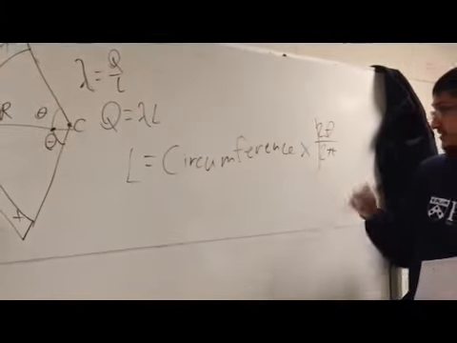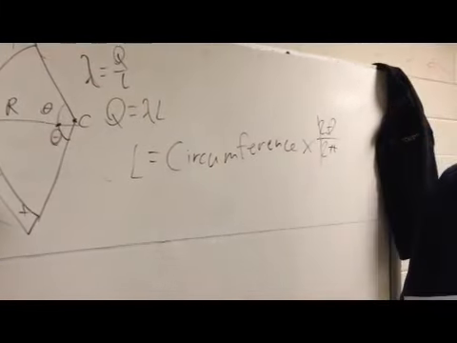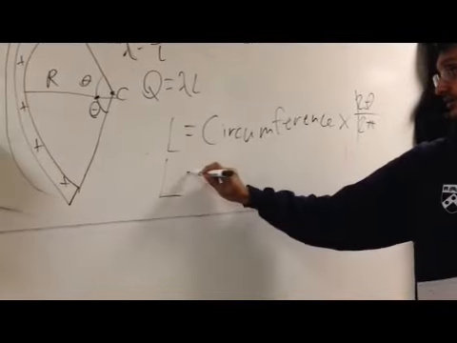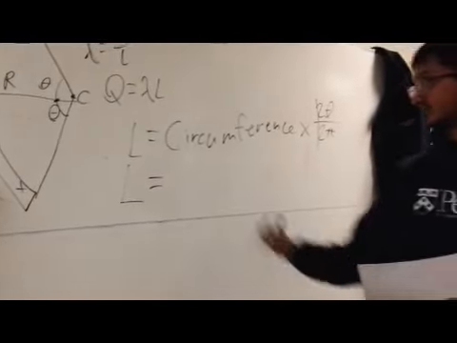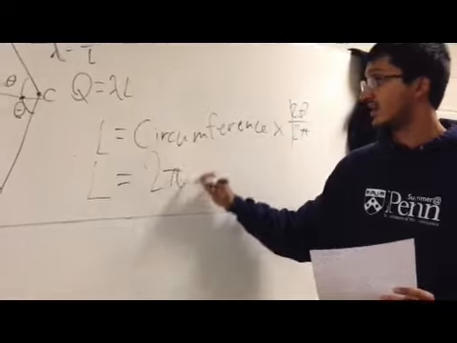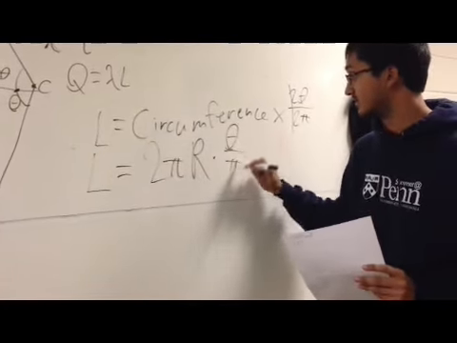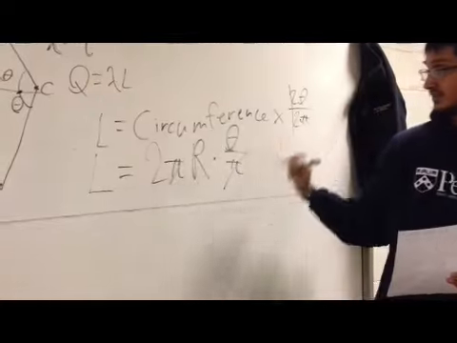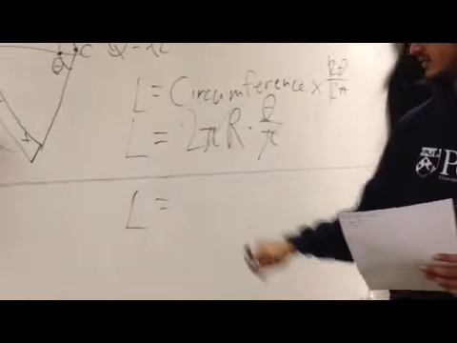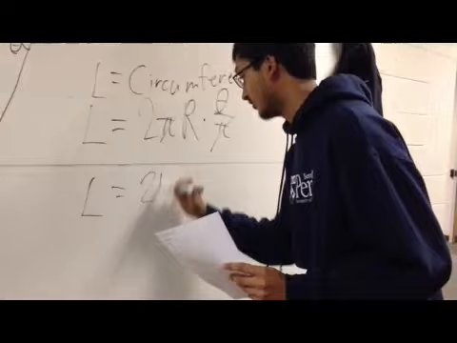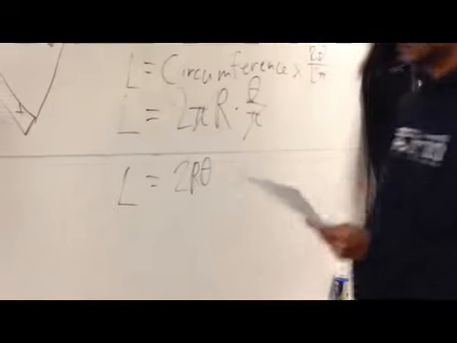So we can cancel out the 2's. The circumference, we know, is 2 pi r, so L is 2 pi capital R times theta over pi. We can cancel out the pi's, and we get 2R theta for the length.